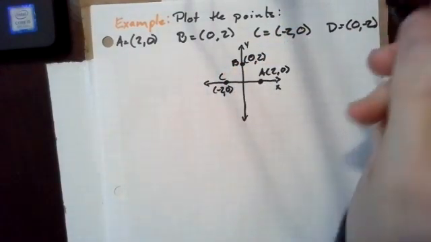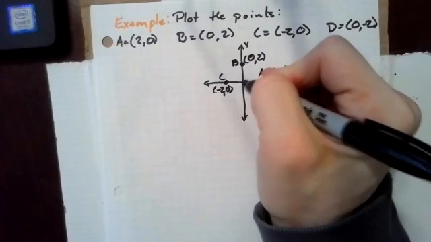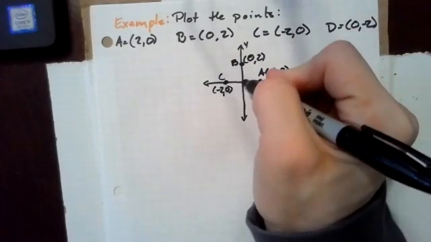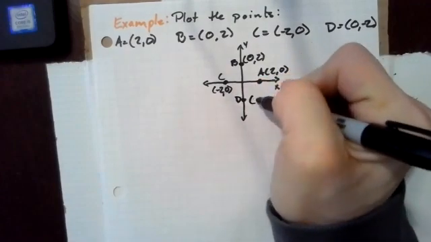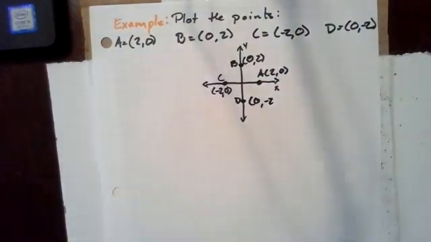And finally, (0, -2), so that is 0 horizontal and -2 vertical. And there we go.